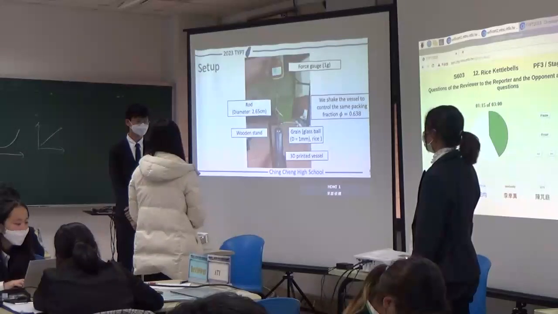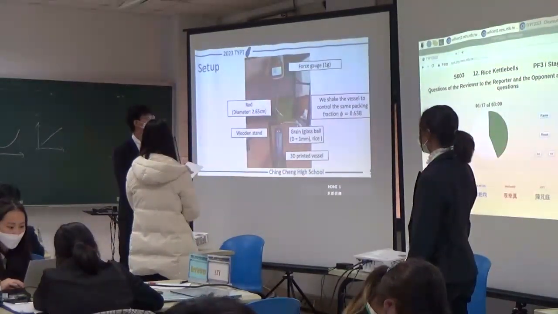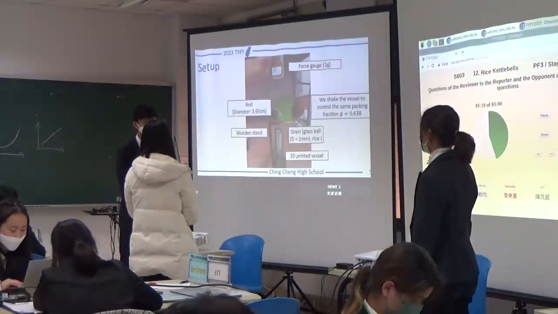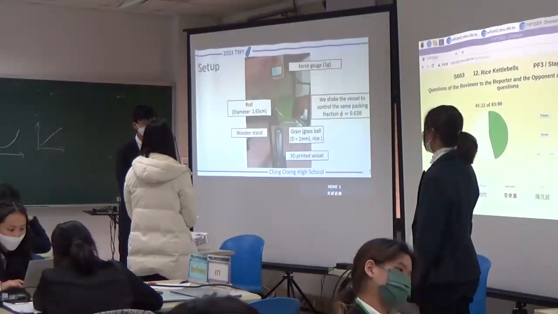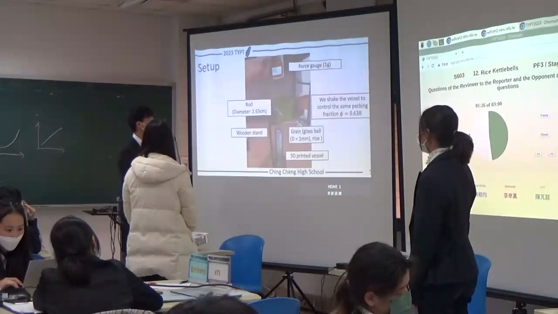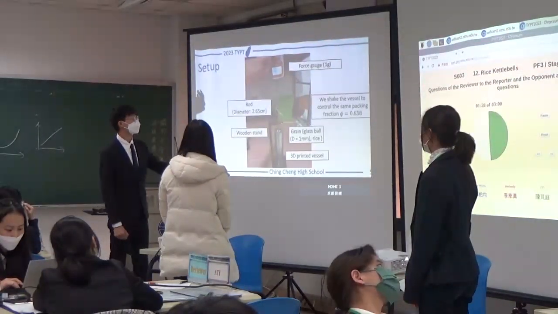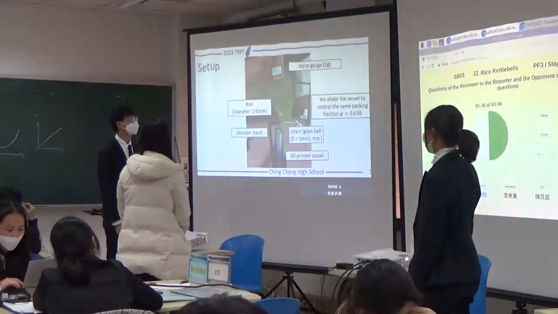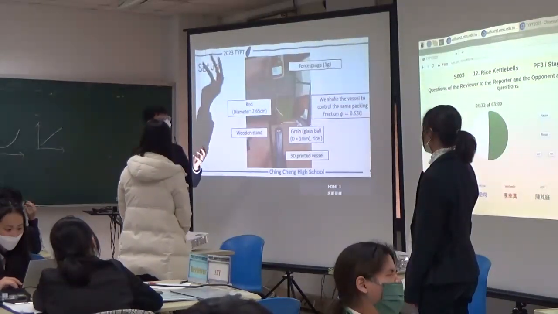So on the top of your picture, is it pulled by your hands? Pulled by hand. Yes, we pull the vessel by hand, and then we read the data on the force scale.